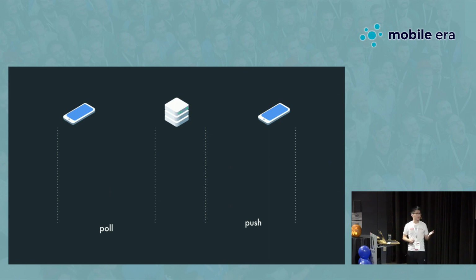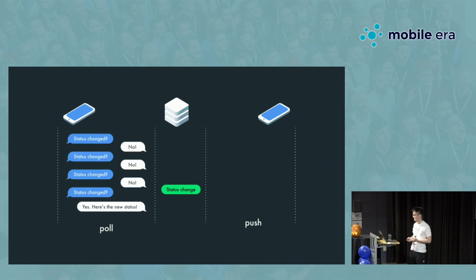Let's take a look at this comparison diagram. On the left, we have long polling, where the client has to ask the server again and again for updates. It's easy to implement, but it's expensive and has a longer latency. In this diagram, we made a total of 4 round trips to the server.